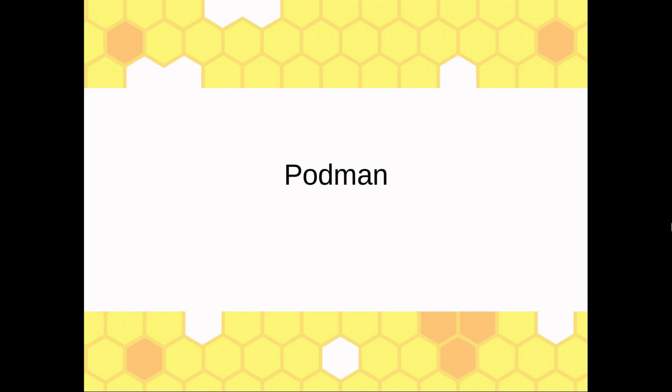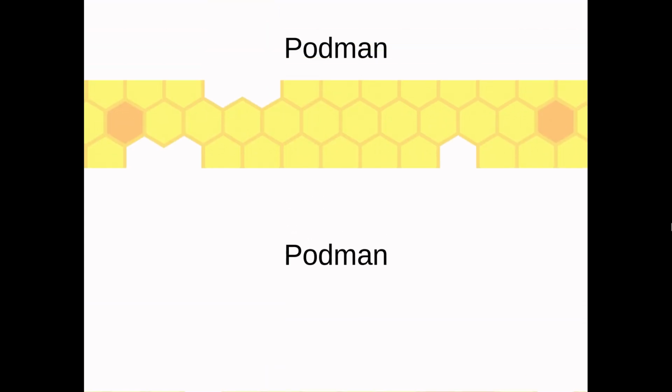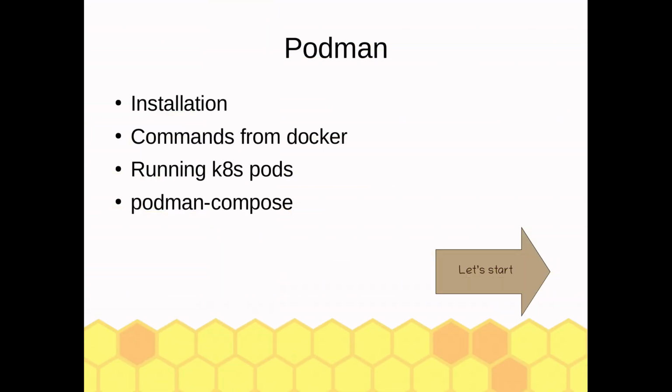In this video demo, I'm gonna show you how to get started with Podman instead of Docker. First of all, let's install Podman and Podman Compose with the same shell script. Let me show you some useful commands from Docker. They will run the same as in Docker.